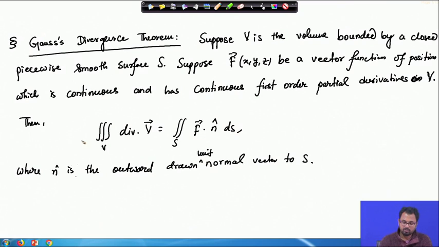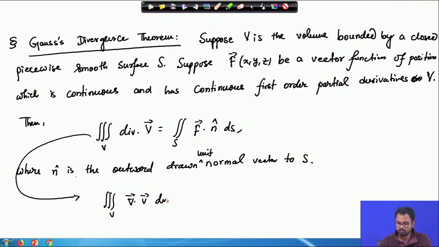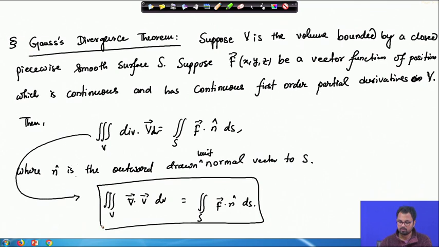Then the volume integral of divergence of F is equal to the surface integral of F dot n dS, or in terms of notation you can write the volume integral of the gradient operator dot F dV. So, there is a dV missing. This is the required Gauss divergence formula, and you need to have just continuous first order partial derivatives for this vector function.